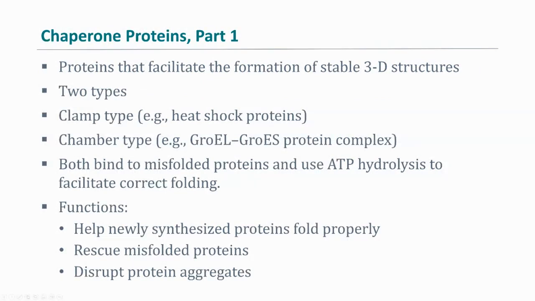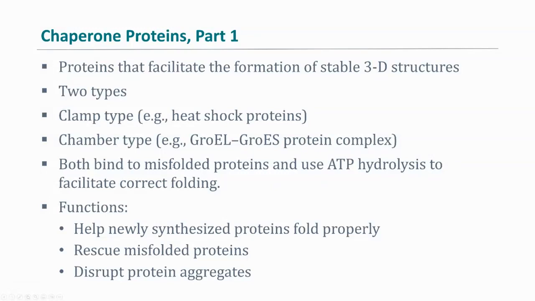The proteins that facilitate the formation of stable three-dimensional structure are of two types: the clamp type, for example Hsp proteins, or the chamber type, the GroEL, GroES protein complex, which helps to fold the protein. These are the chaperone proteins.